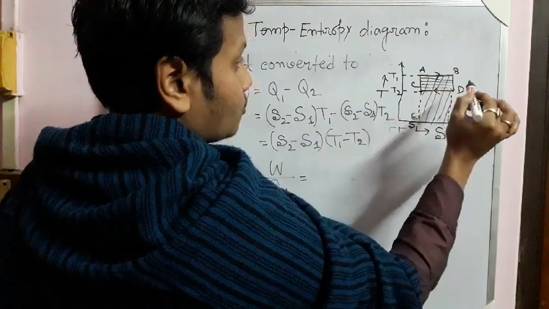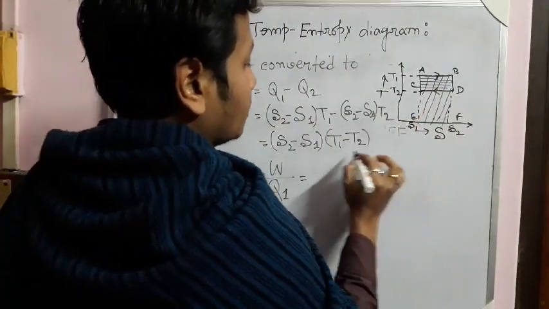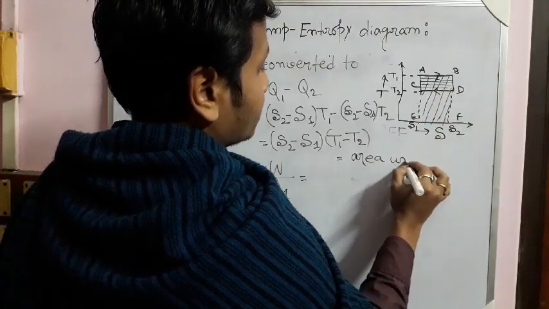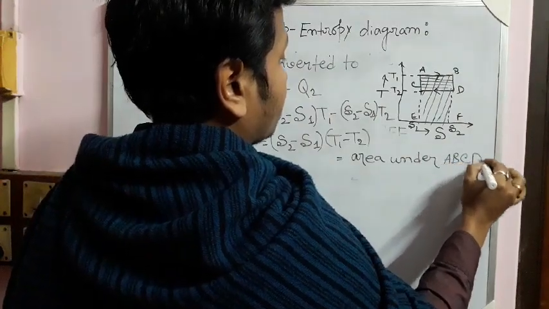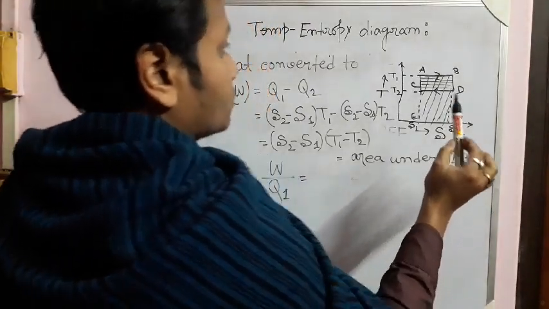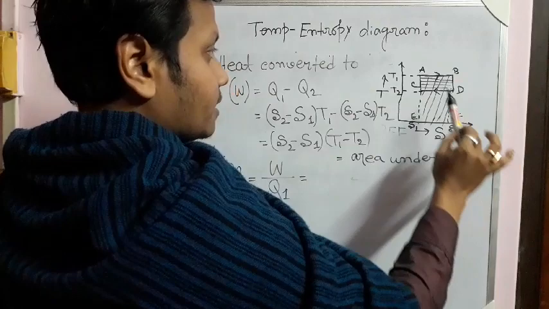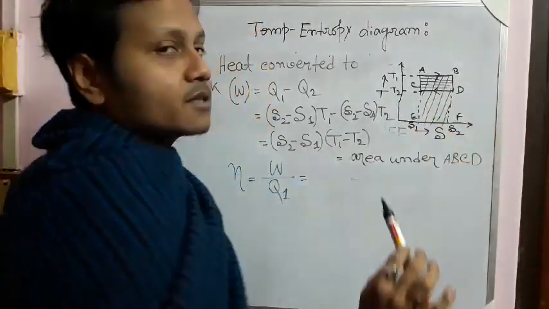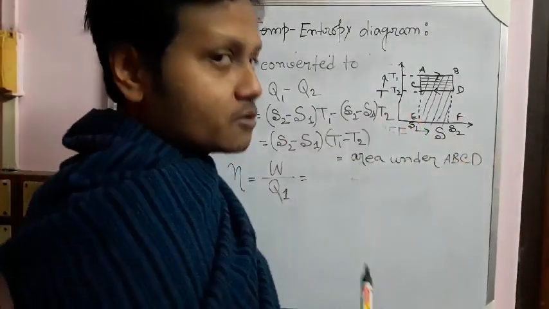So the amount of heat which is converted to work can be represented by the area under ABCD. If you subtract this portion from the entire area, you get the ABCD section, that is, the area under the Carnot cycle represents the amount of heat which is converted to work.